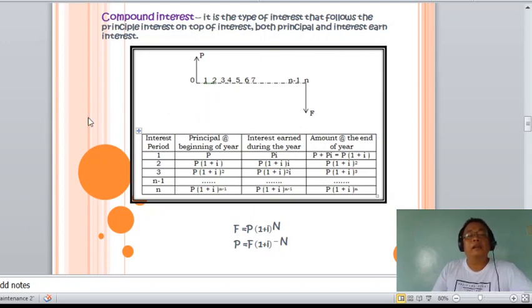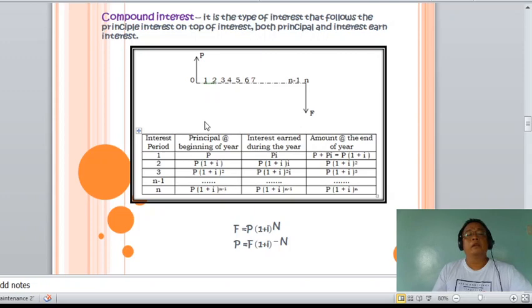And at the end of the third period, the principal amount will earn an interest equivalent to P multiplied by 1 plus I, squared, excuse me, multiplied by I. Or the future amount now is equal to P multiplied by 1 plus I raised to 3.